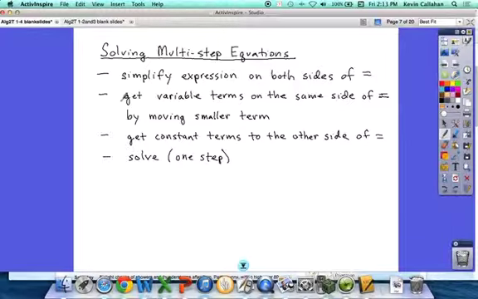You're not wrong if you don't do it that way, but generally speaking, we say deal with the variable terms first and move the smaller of the two variable terms in order to get them both on the same side. Meaning, whichever one has the smallest coefficient, then move that term to the other side. Then you'll still need to get the constant terms on the other side because they're going to make up the answer. So move the variable terms, move the constant terms. At that point, there still may be one step to take. Probably be a division to solve. It'll be a one-step process.